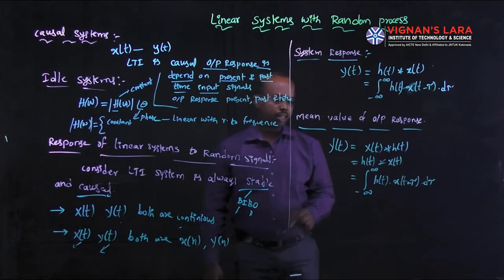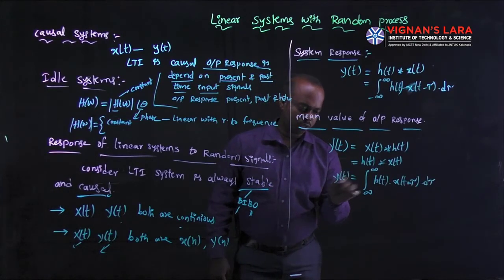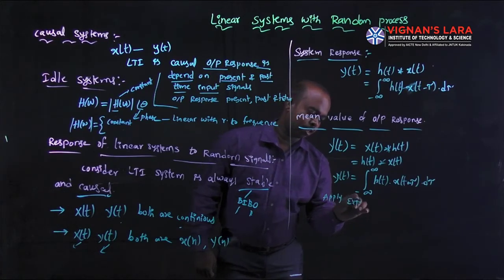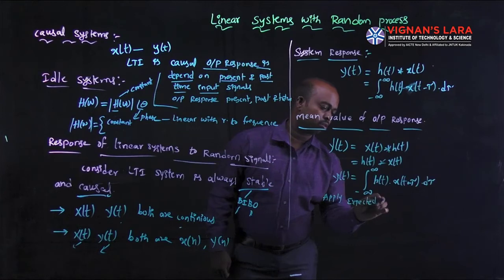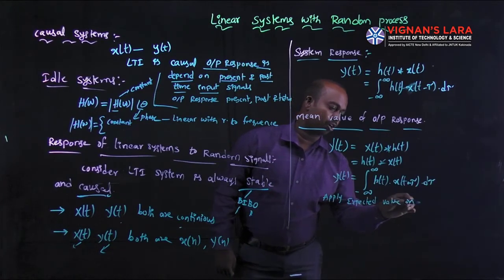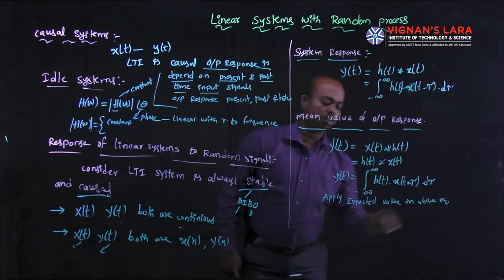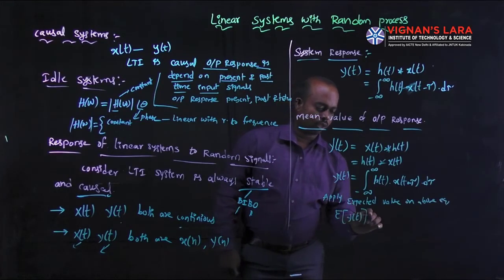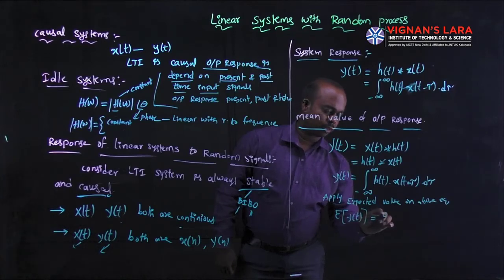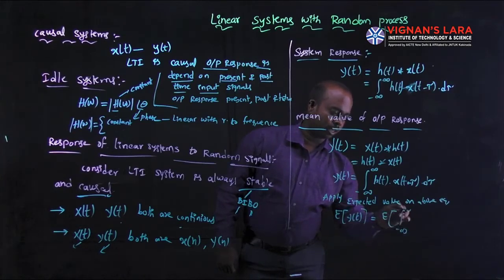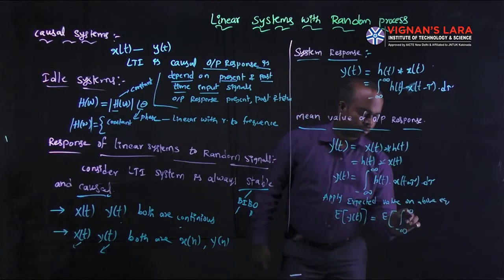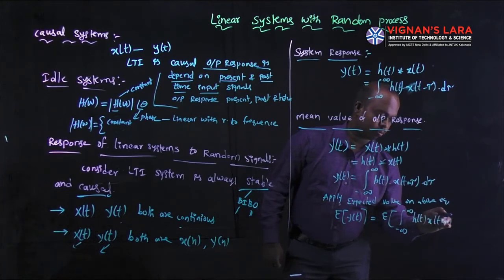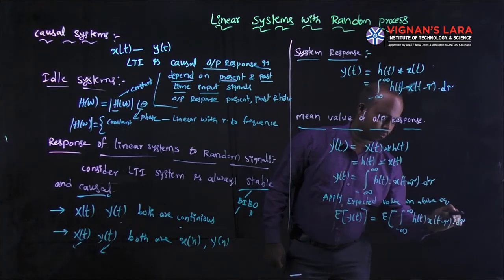Here you can apply the expectation, or expected value, on the above equation. You can write the expectation of y of t equal to the expectation of the integral from minus infinity to plus infinity of h of t into x of t minus tau d tau.